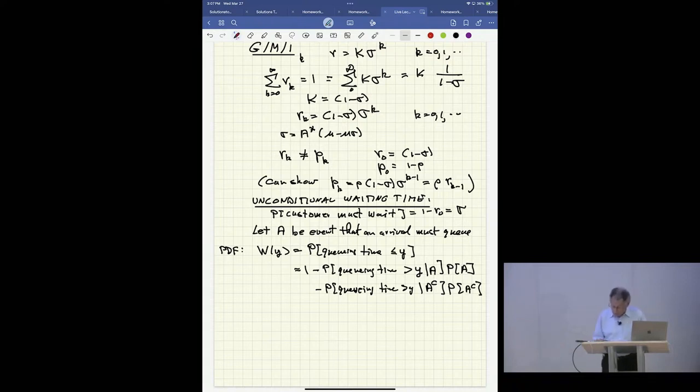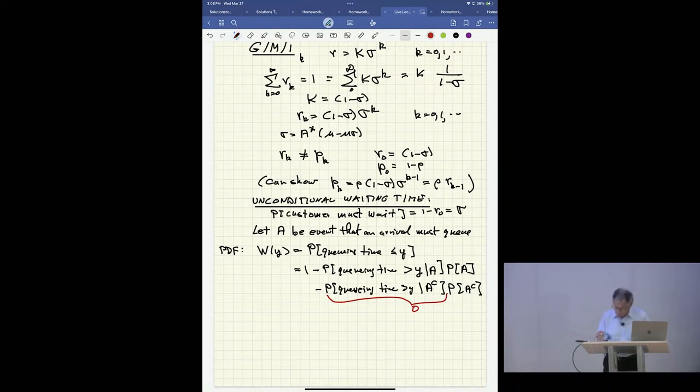Now, let's look at this term here. What's the probability that a customer waits more than y seconds in the queue given the complement, given that he doesn't have to queue? Clearly, that probability is 0. There's no probability of waiting more than y, given that you're going to spend 0 time in the queue.